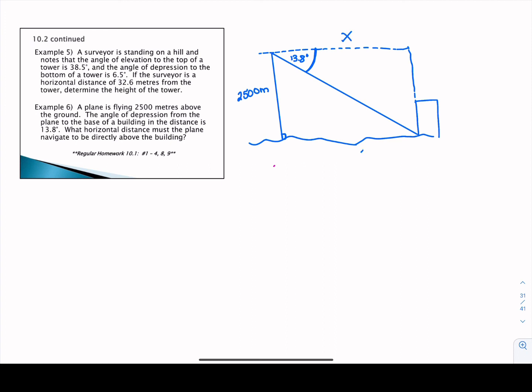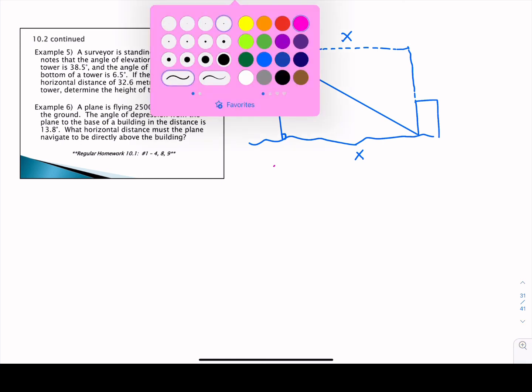You could also use the bottom part and say the distance along the ground would be the same horizontal distance. So it really doesn't matter which method you choose. I kind of like to use the one along the ground because I already have 2,500 meters as the height that plane is flying.